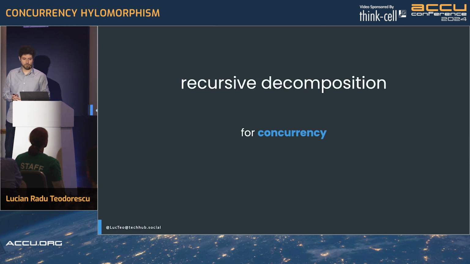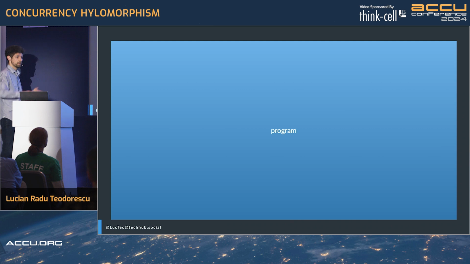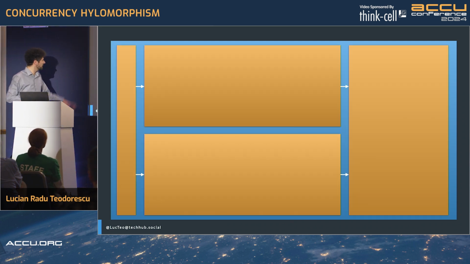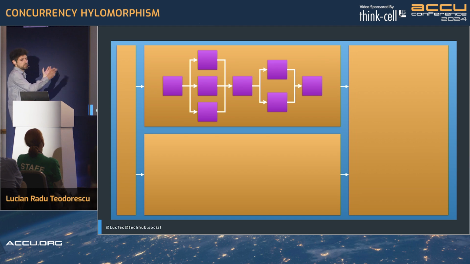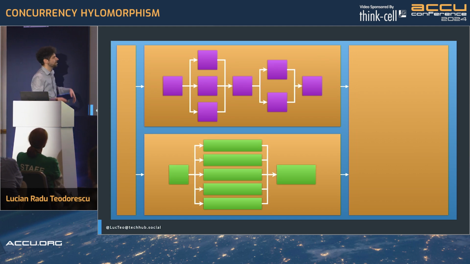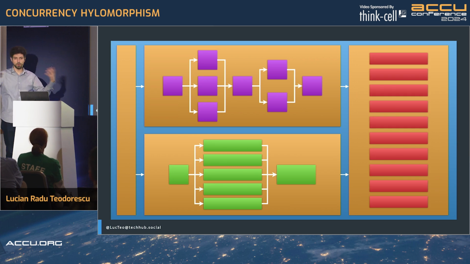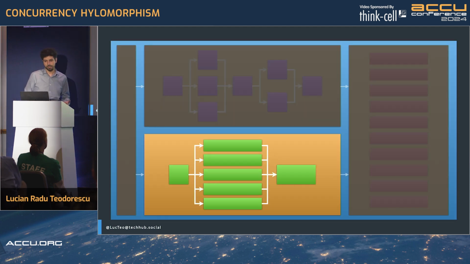How would recursive decomposition for concurrency work? Well, you have a program, a large program, then you start dividing it. You say you have an initial phase, you have a final phase, and then you have some more phases in between that can run concurrently. And then each of those blocks, you can divide into more and more blocks. And this too helps with local reasoning, because you can look at this part over here, and you know that it has nothing to do with everything else, right?